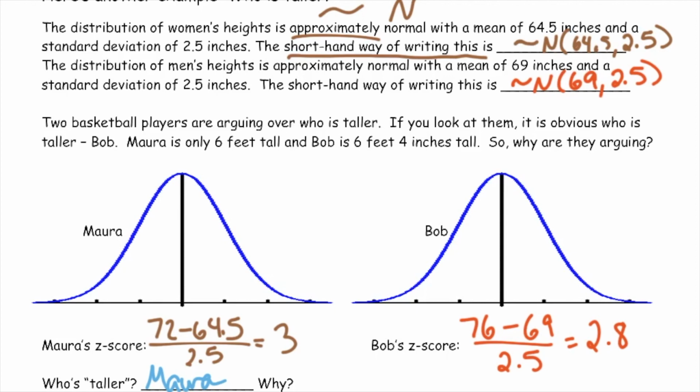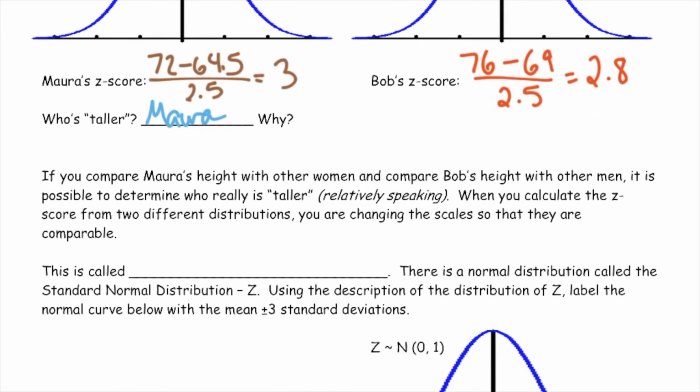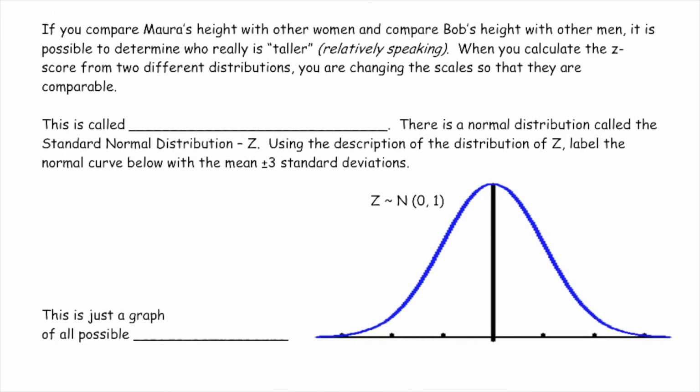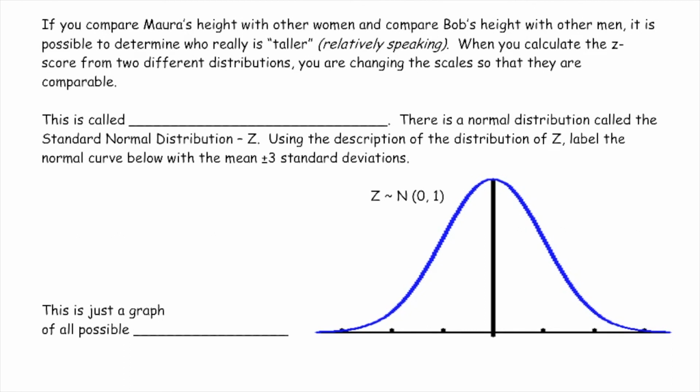Obviously, Bob at 6 feet 4 inches is going to be physically taller than Moira, but we are comparing across what's normal, what's average. So this is called standardizing a normal distribution. It's when we compare different things with different units or different populations to see, if we were to standardize it, who is actually relatively taller.